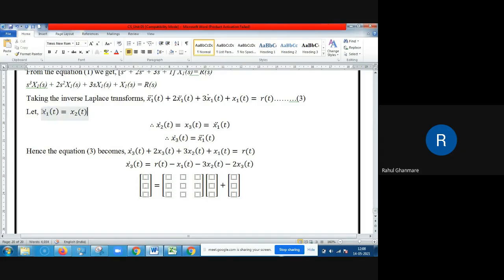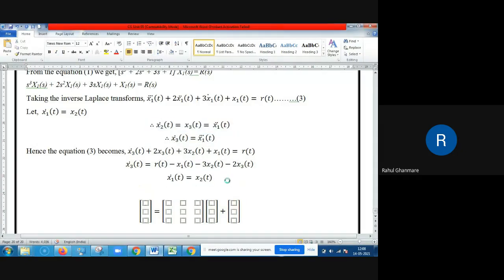I put all the equations here so that you can understand. This is your first equation, right? This is your second equation, and this is your third equation.